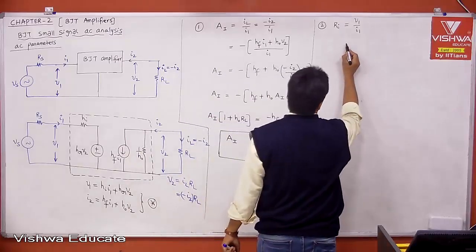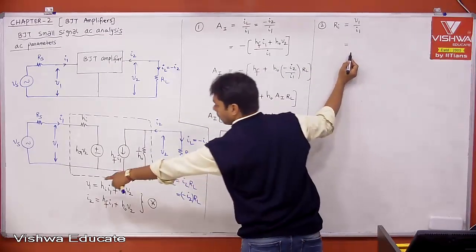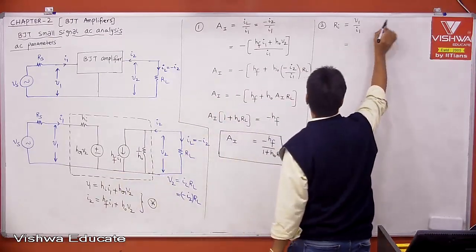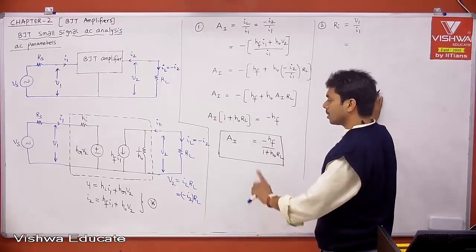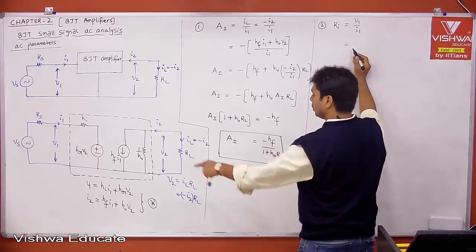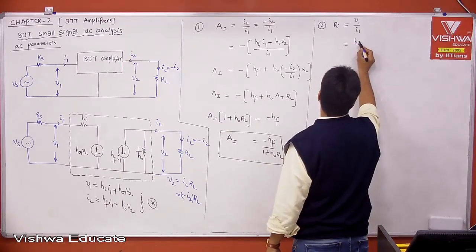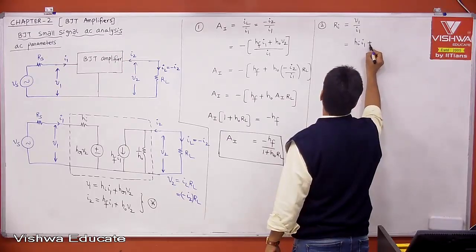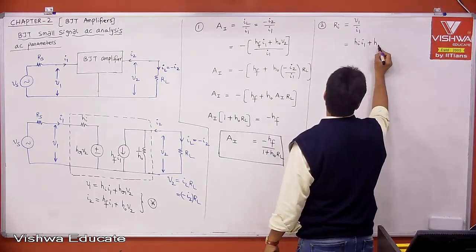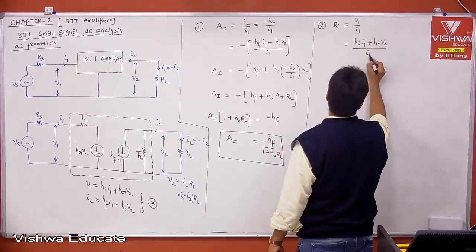Then, you know V1? Yes, from the star equation. Substitute. Once the definition is over, it is simple, just substitution. This is nothing but Hi into I1 plus HR into V2, divided by I1.